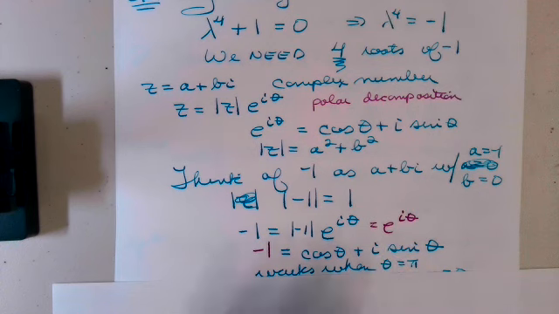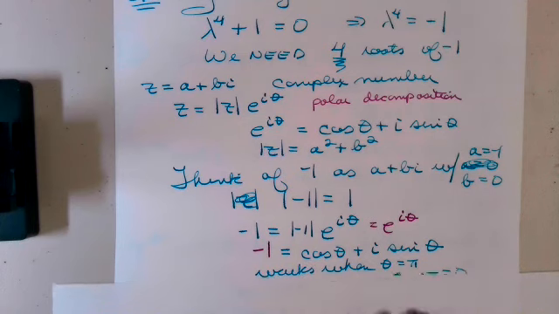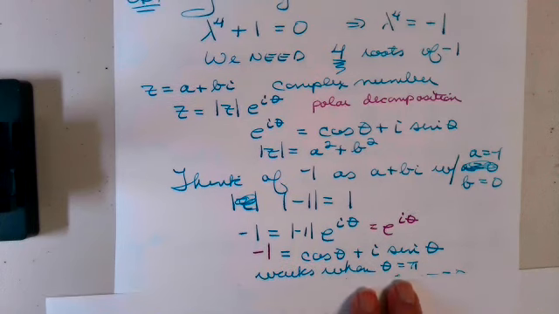Well, you want the sine of that to be 0 because you need the complex term to go away. And you want the cosine of whatever theta you're going to use to be minus 1. The cosine is minus 1 at pi. So this works when theta equals pi.